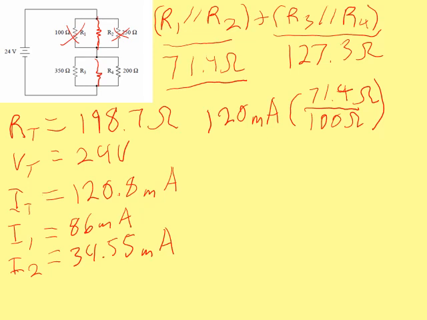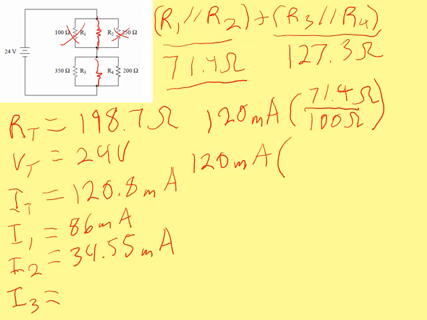So next we're going to do our I3. I should probably be doing IR3 and IR1, IR2, but we'll just keep on doing what we're doing. We will still have the 120 milliamps going through the total. The total current will still be going through the two branch resistors.